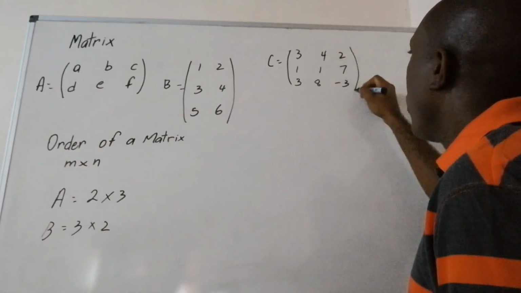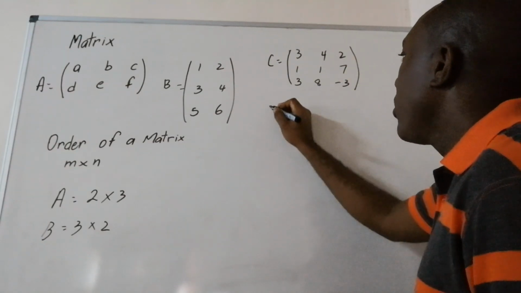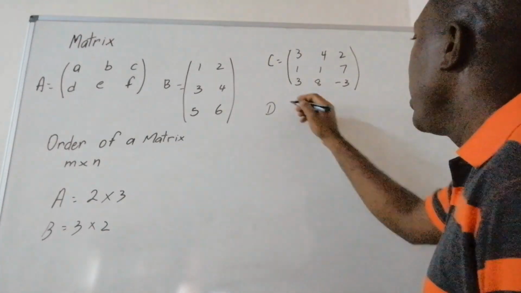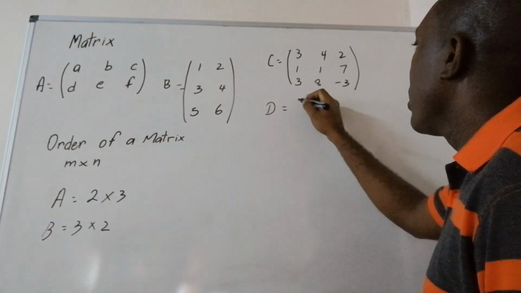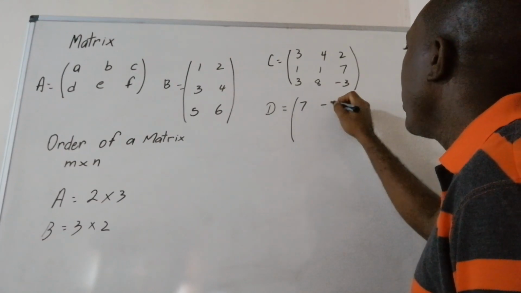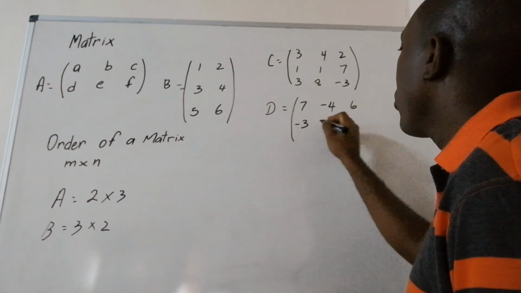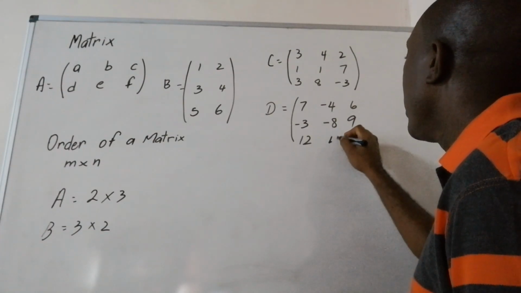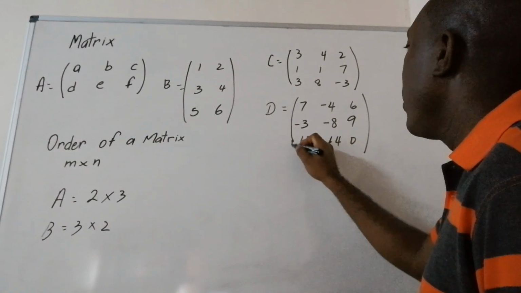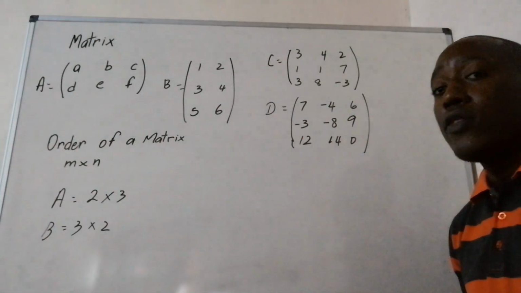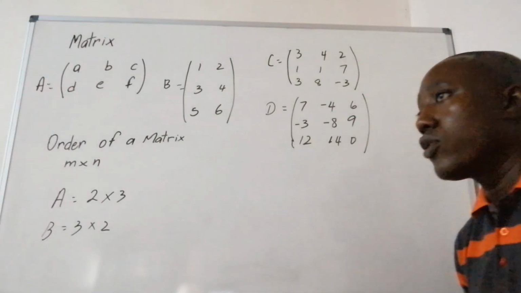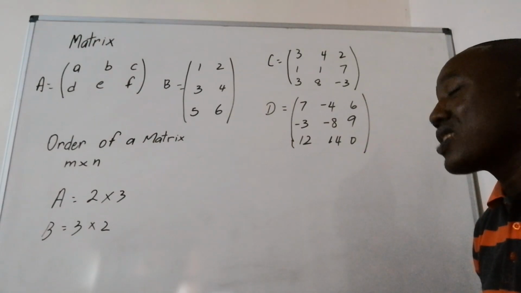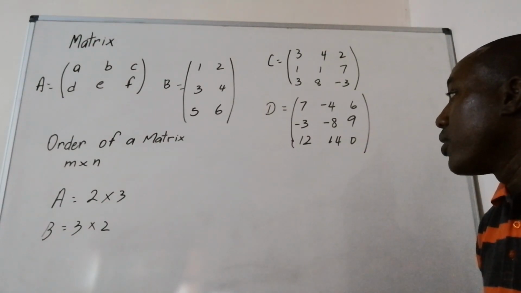Matrix D, for us to add it, we have to have another 3 by 3 matrix: 7, minus 4, 6, minus 3, minus 8, 9, 12, 14, 0. So we have another 3 by 3 matrix. For us to add two matrices, they must have the same number of rows and the same number of columns. The order must be the same.